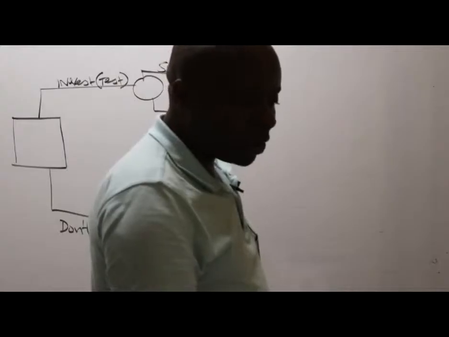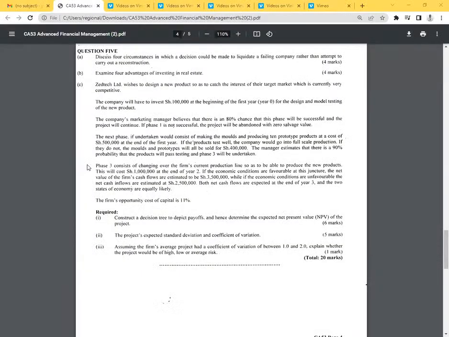The company's marketing manager believes that there is an 80% chance that this phase will be successful and the project will continue. If phase one is not successful, then the project will be scrapped or abandoned with zero salvage value. So we have got 80% and 20%.